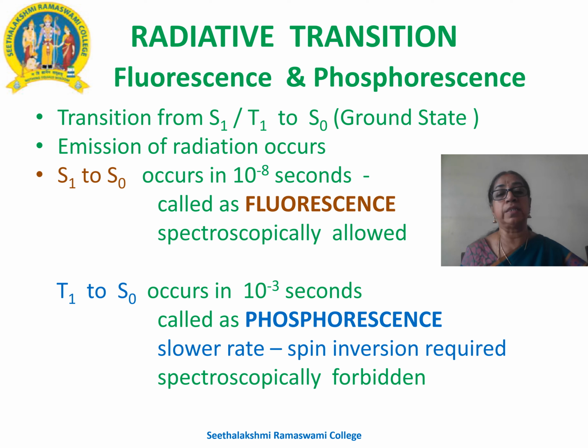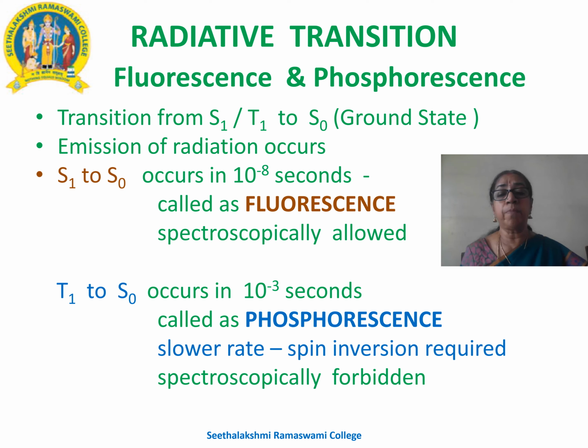Now we have a clear understanding of the mechanism of fluorescence as well as phosphorescence. Again, I am reminding you about phosphorescence: it occurs for a long time, and the emission extends even after the light source is cut off.